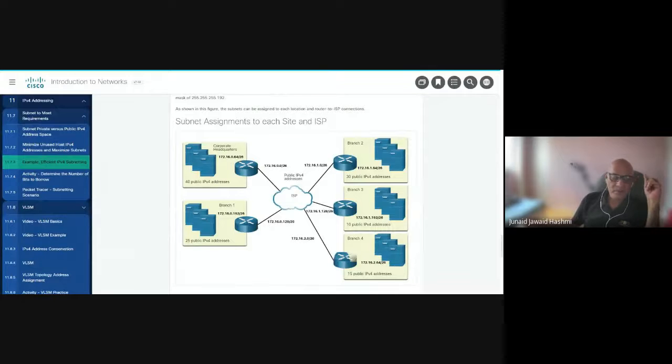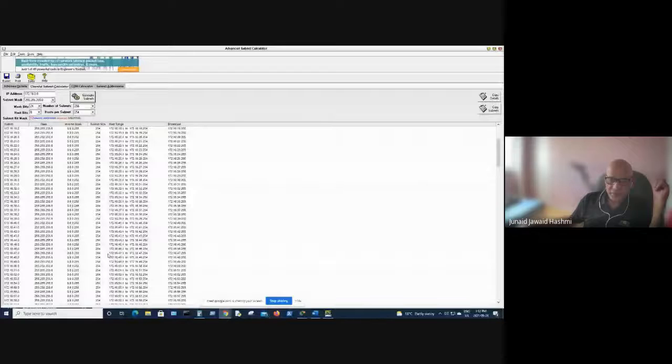But you have to remember that if you choose the network 172.16.0.64, all the hosts in this network should be in the range of the 64 network. Like here, where's the 64 network?